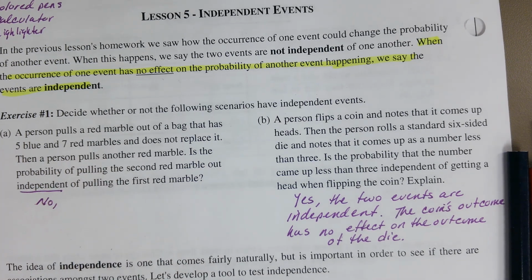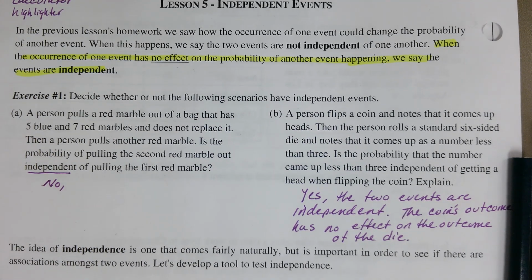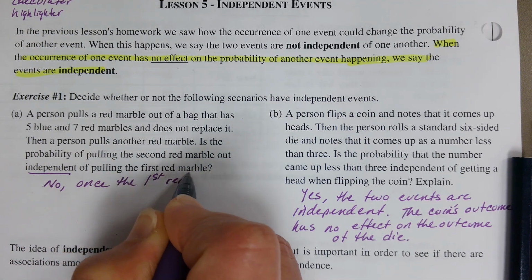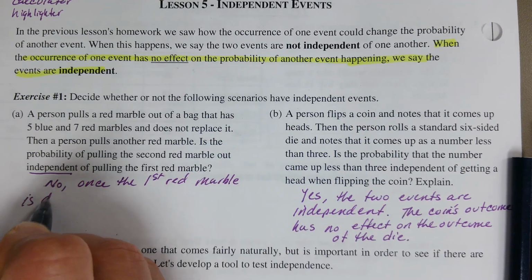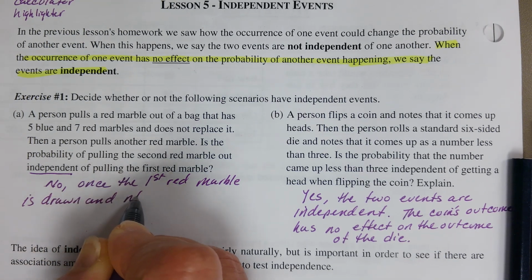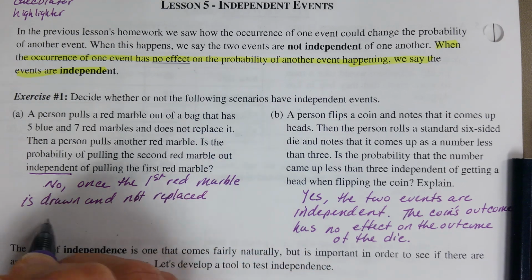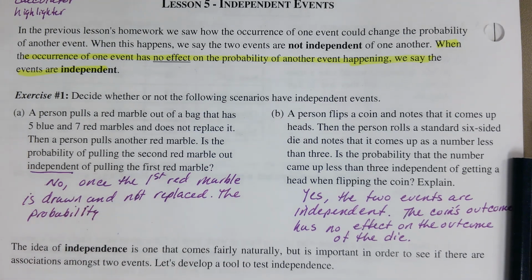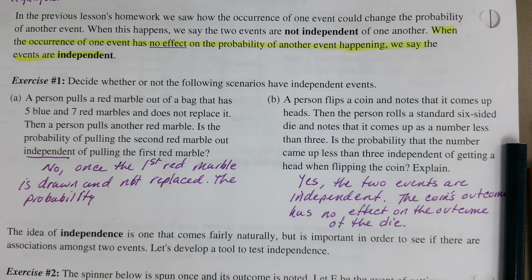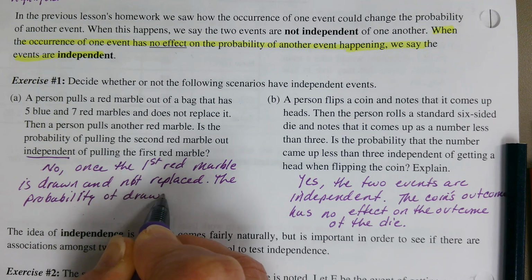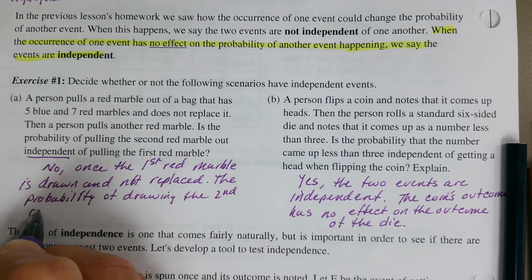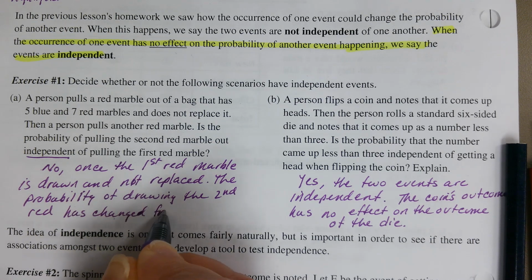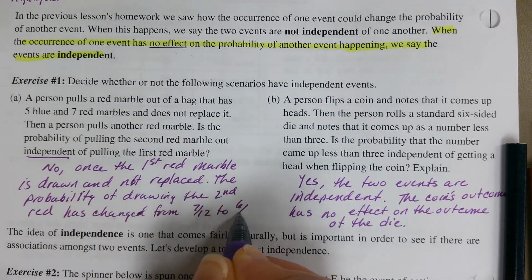Once the first red marble is drawn and not replaced, the probability of drawing the second red has changed from 7 out of 12 to 6 out of 11.